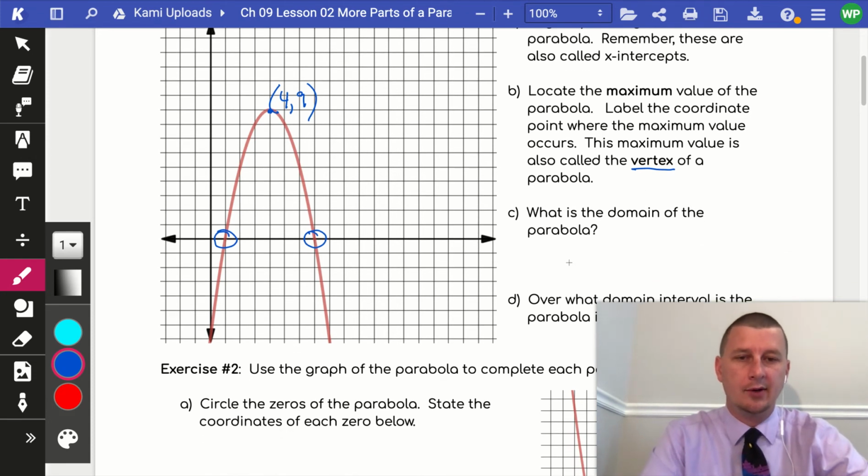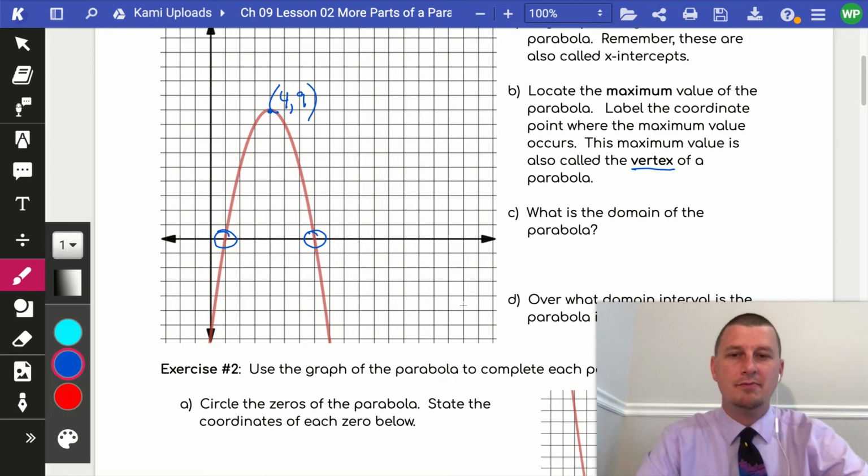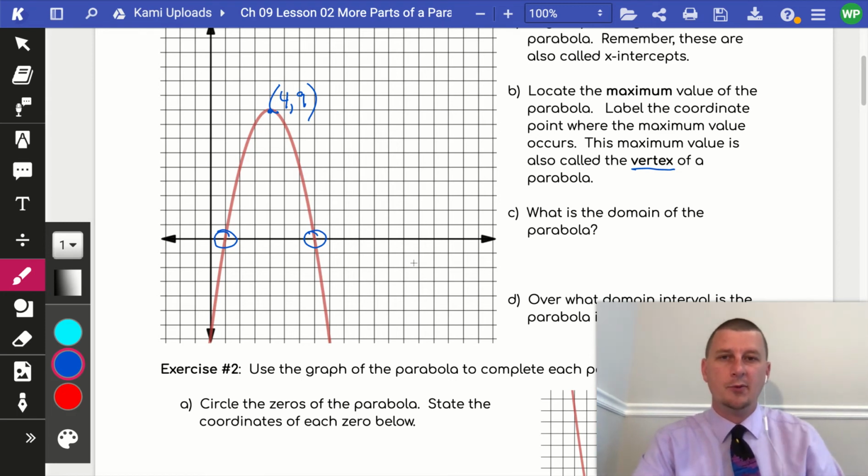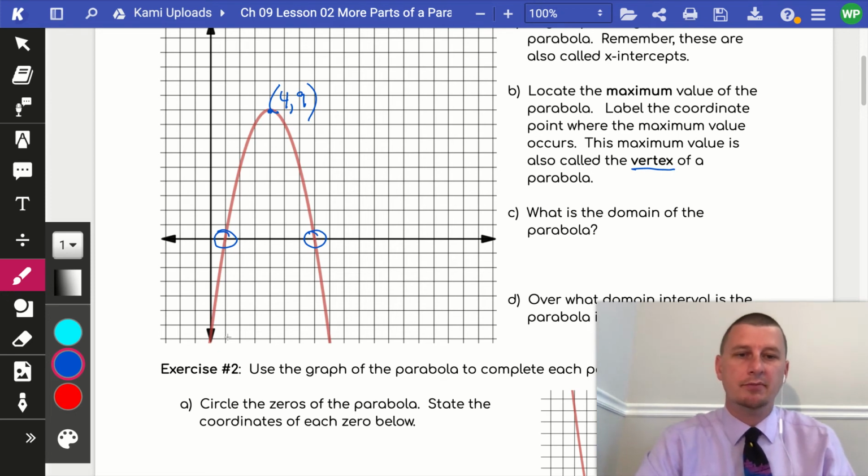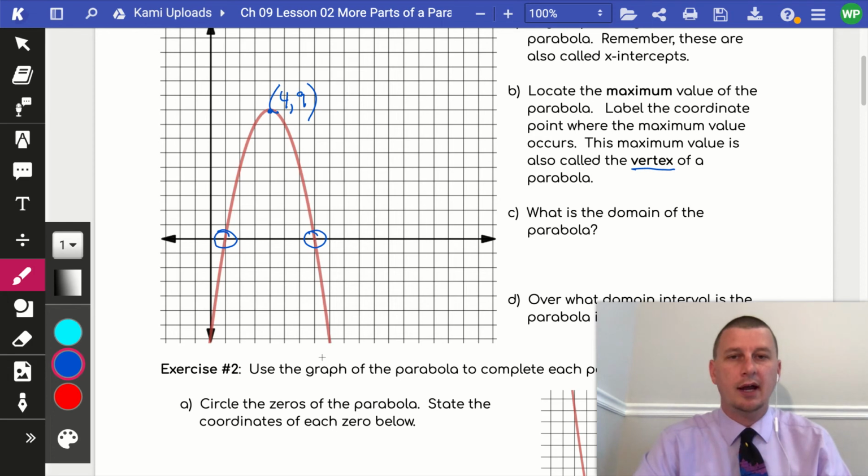Next on our list is what is the domain of this parabola. Thinking way back to one of our first chapters in the book where we talked about domain and range, our domain is all of our x values that this function reaches. This thing goes down and to the left forever, and our keyword there is left forever. And on this side, it goes down and to the right forever.